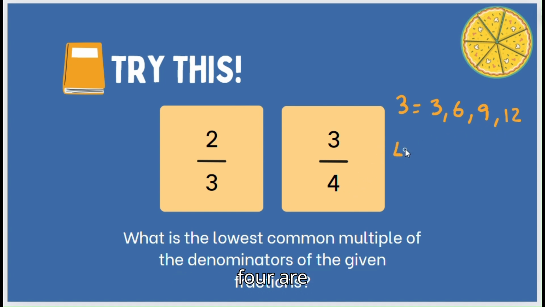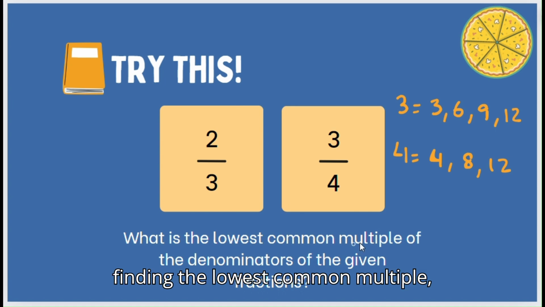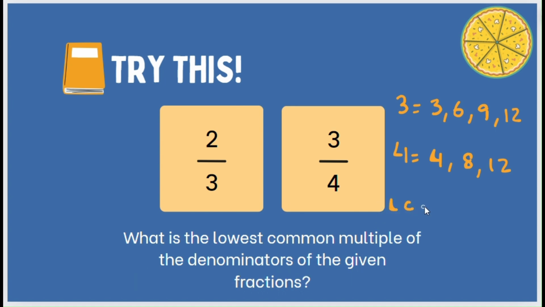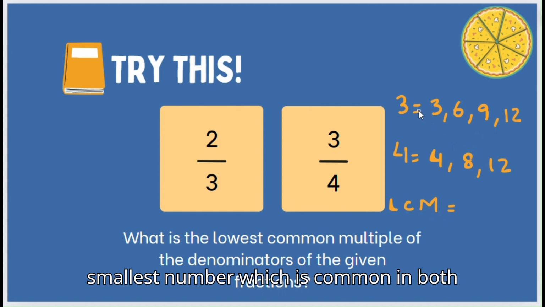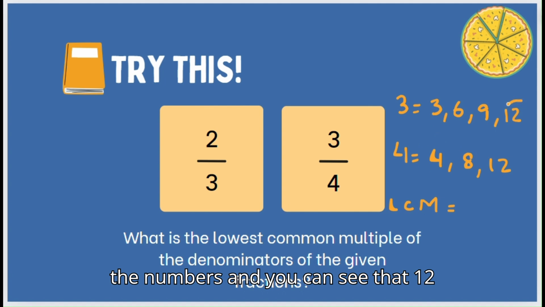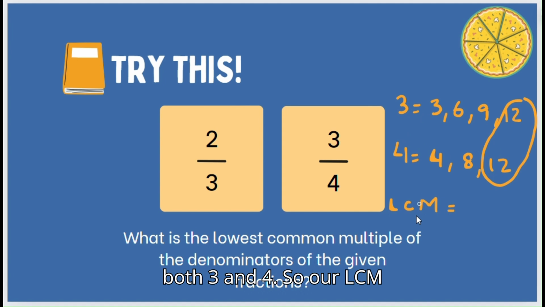The multiples of 4 are 4, 8, 12, and so on. Because we are finding the LCM, we're going to find the smallest number which is common in both the numbers. You can see that 12 is the smallest number which is common in both 3 and 4. So our LCM is 12.